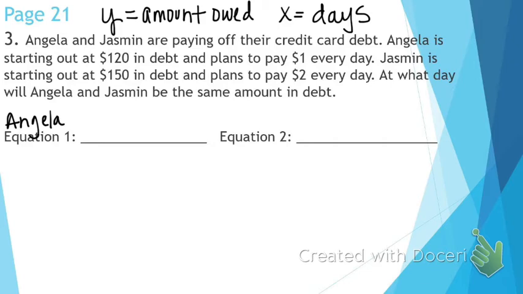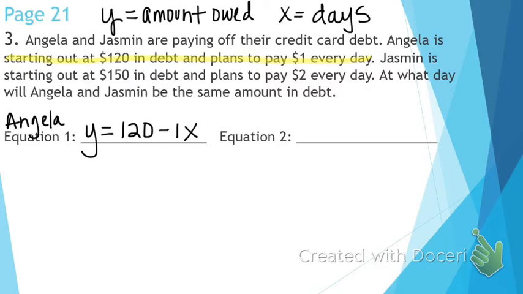So it says that Angela started off with 120, and she's going to pay $1 a day. So y equals 120, and she's paying it off, so she's subtracting $1 a day. So y equals 120 minus 1x.